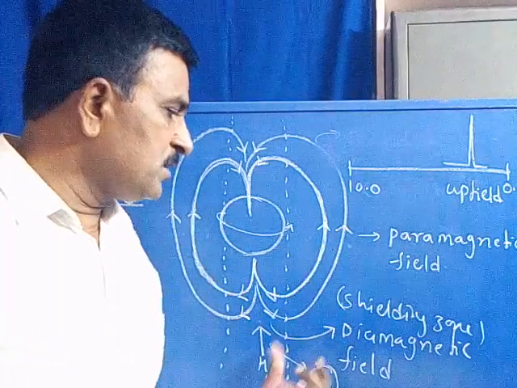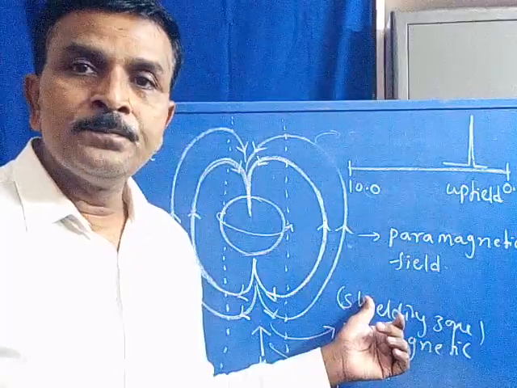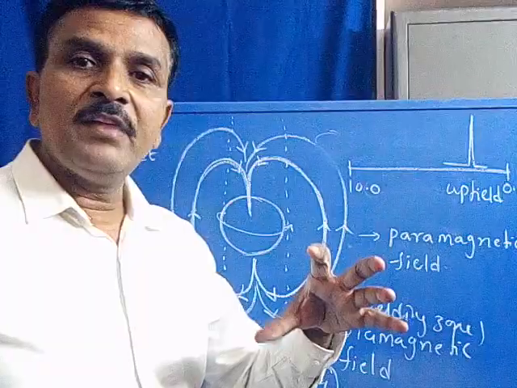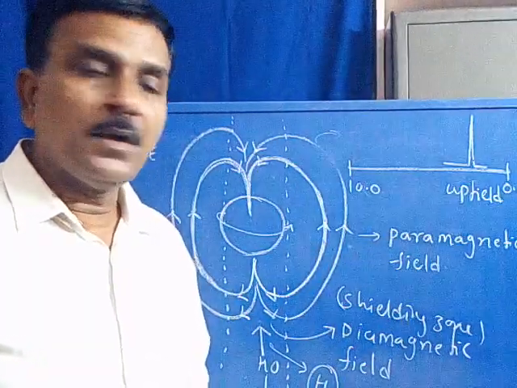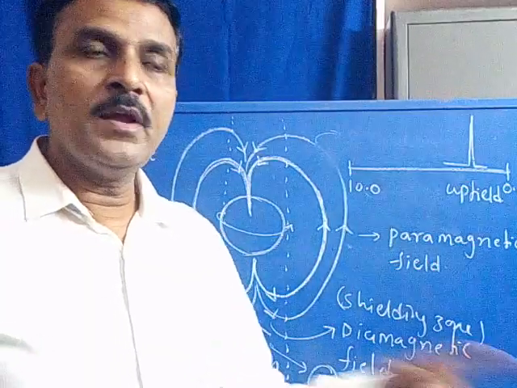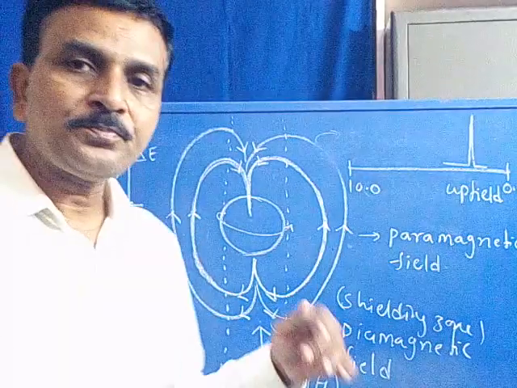That is, the protons of the diamagnetic or shielding zone absorb energy at higher frequency values. Those protons are called shielded protons, and their signals appear at lower delta values, known as upfield signals. Is it clear?